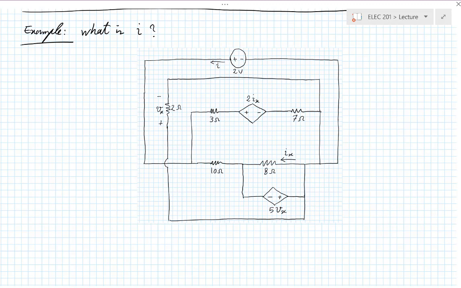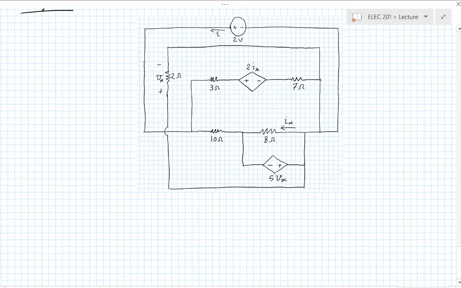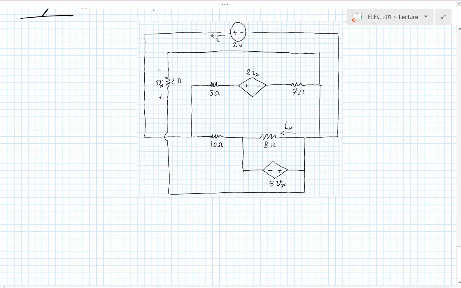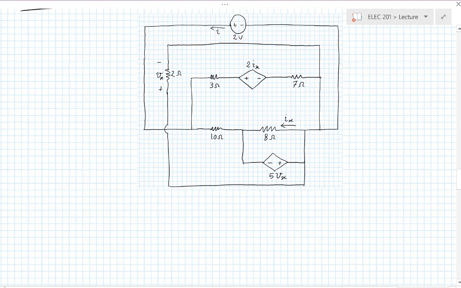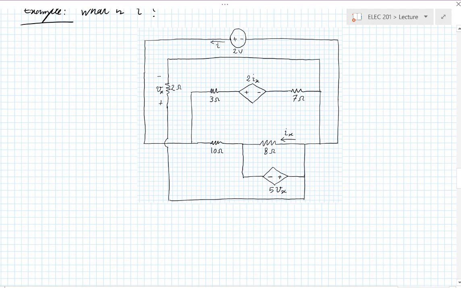So you can rearrange things a little bit here. It might make things easy. But indeed, you don't need to do that. You can just write the KVLs and KCLs and element relationships for everything and solve it. But to make things easier on myself, this is what I want to suggest to rearrange a little bit.